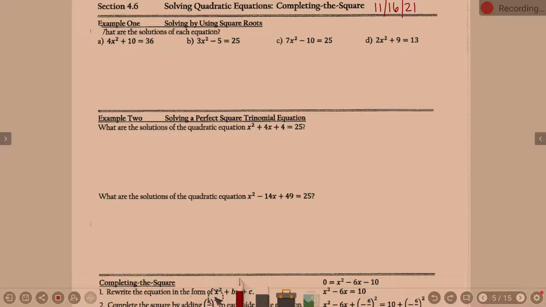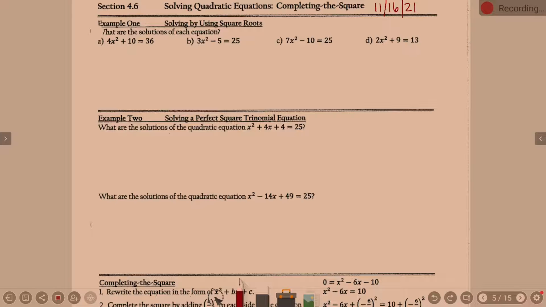If your only variables are the X squareds, that makes them easier to solve, because now we can treat this more like solving a regular linear equation. Normally, if it's just X's and numbers, I say work to get the X by itself. Well, here on example A, I'm going to say work to get the X squared term by itself, because my goal is to make it X squared equals.